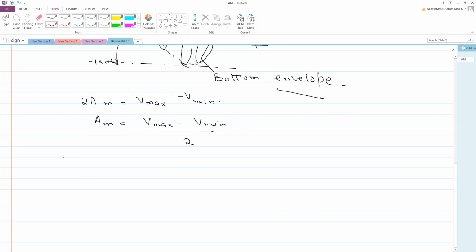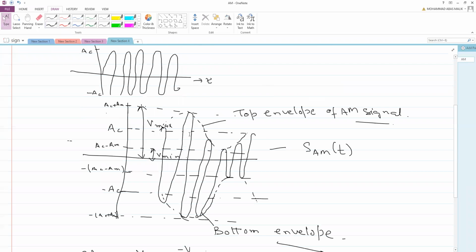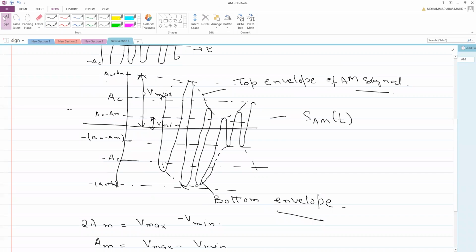Similarly, you will get AC is equal to V max minus AM. You can conclude this. V max is from here to here. So if you subtract AM from this V max, then you will get AC.